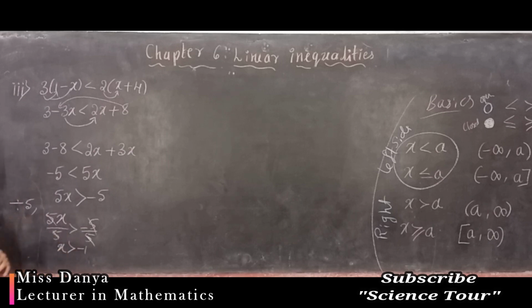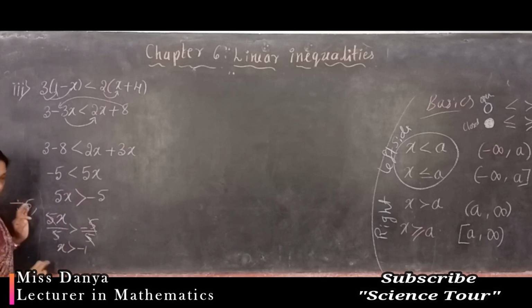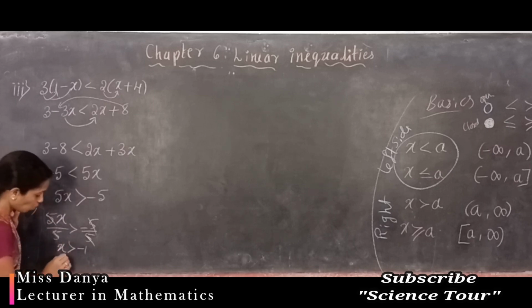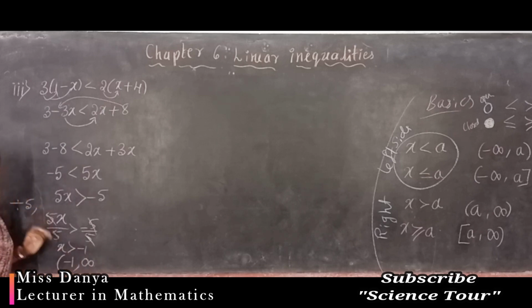So x greater than minus 1 you got, and how to write the interval? See, to write the interval you have to see which symbol you got here. Strictly greater than symbol, so you have to use an open bracket on the minus 1 side, and the first number you have to write is minus 1. Why? Because if you get a greater than symbol or greater than or equal to some number, that number you have to write as the first number in the interval, then put a comma, then infinity you have to write as the second number.